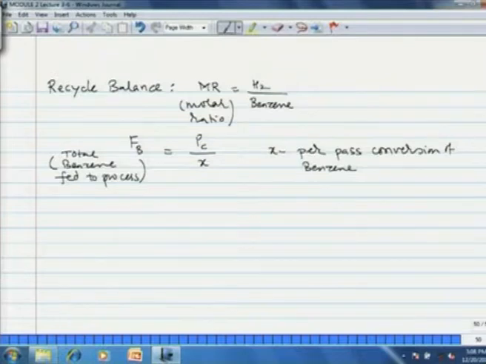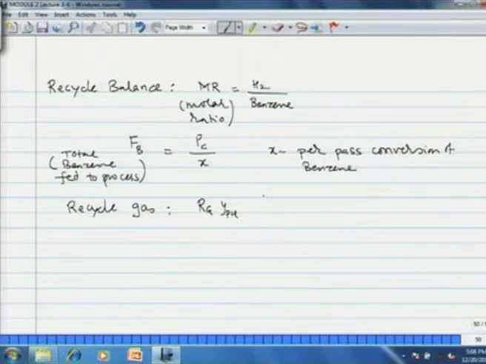Now, what will be the recycle gas? Let us say that the recycle gas is denoted by Rg. The hydrogen in the recycle gas will be obviously Rg into Yph. The mole fraction of hydrogen in purge as well as the recycle gas is same, because recycle and purge are streams obtained by splitting the gas flow from the separator.